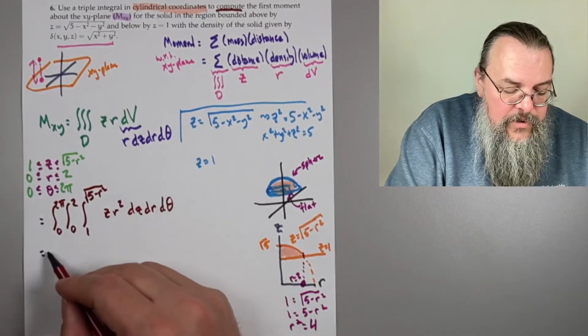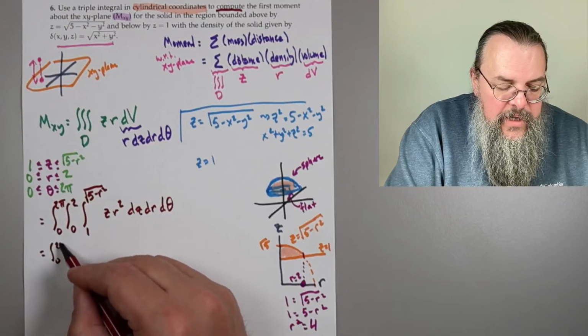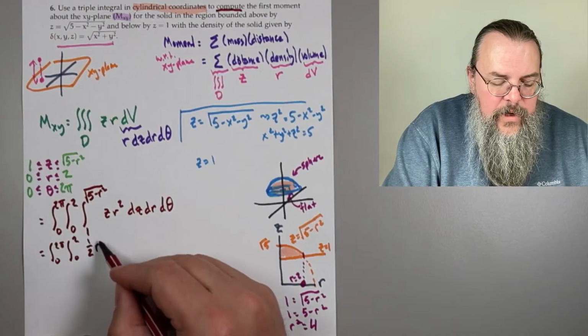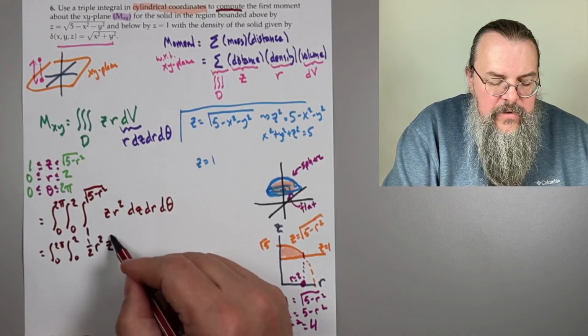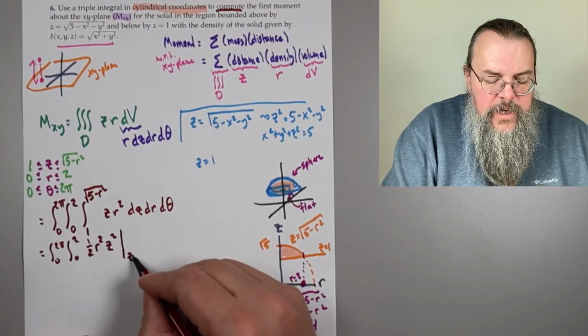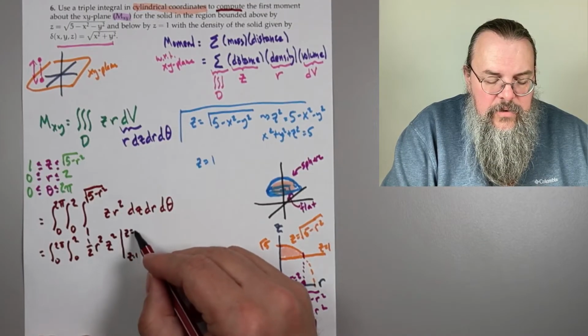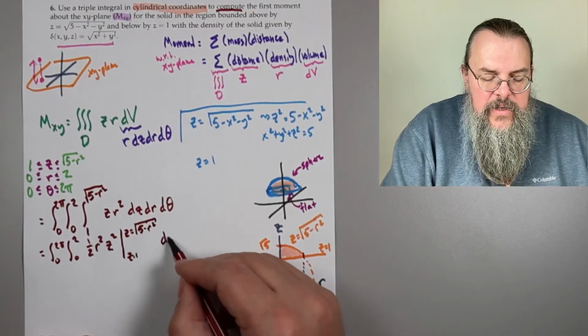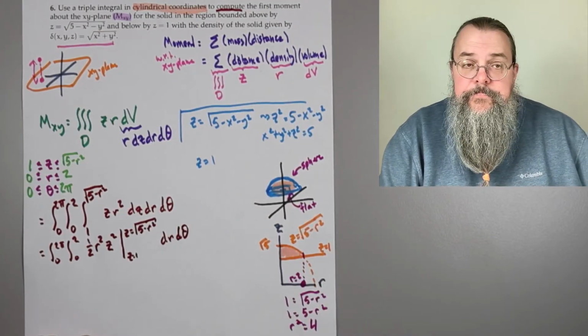So we have the integral 0 to 2 pi, integral 0 to 2, 1/2, I'll put the r squared, z squared, evaluated from z equals 1 to z equals square root of 5 minus r squared, dr d theta.